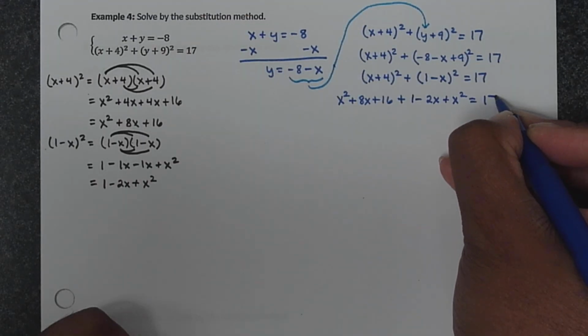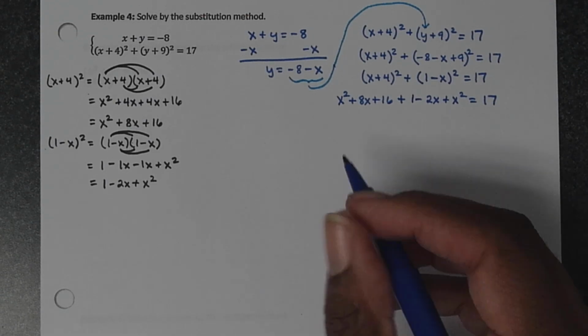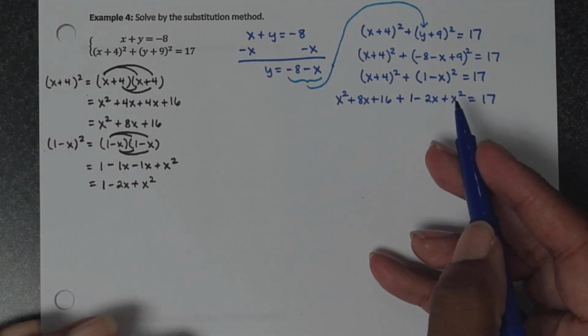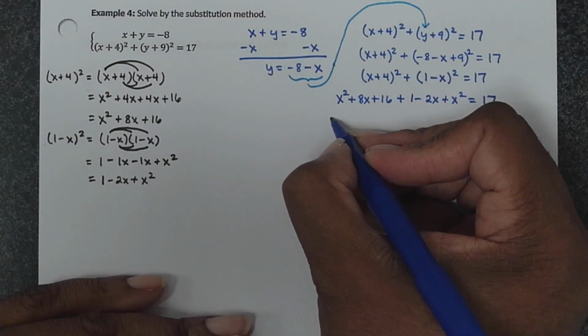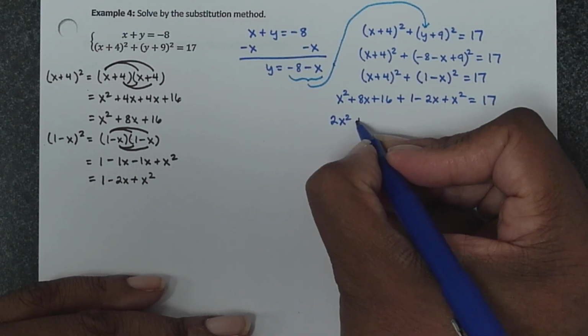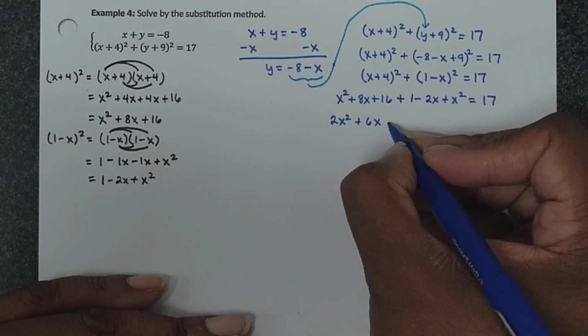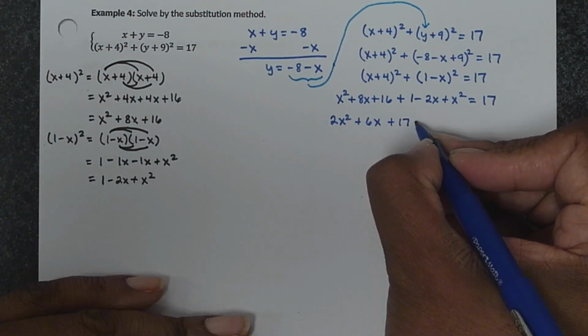And then that's equal to 17. Now, when I combine like terms here, 1x squared plus another 1x squared, that's 2x squared. 8x minus 2x would be a plus 6x. 16 plus 1 would be a plus 17.